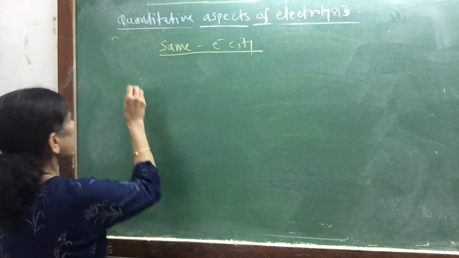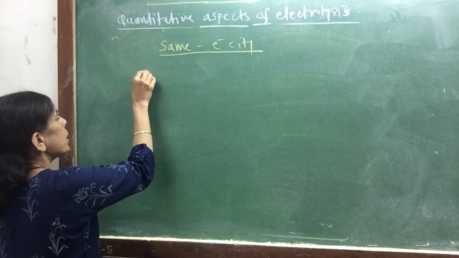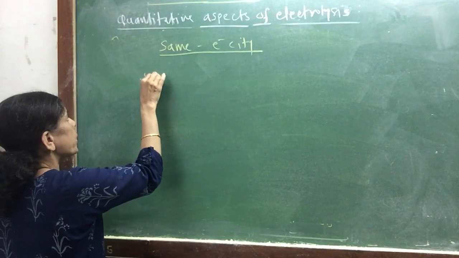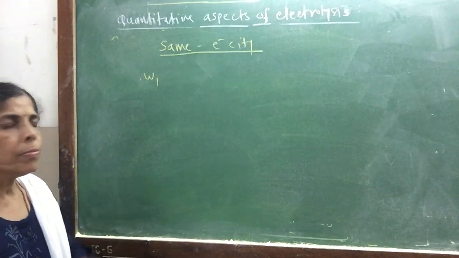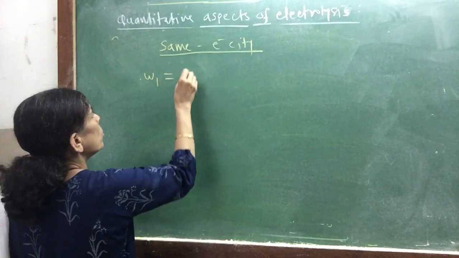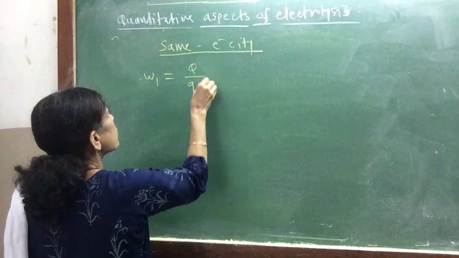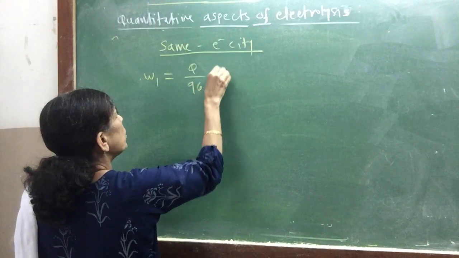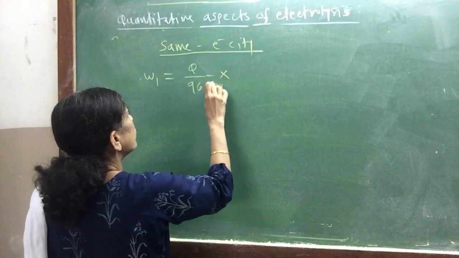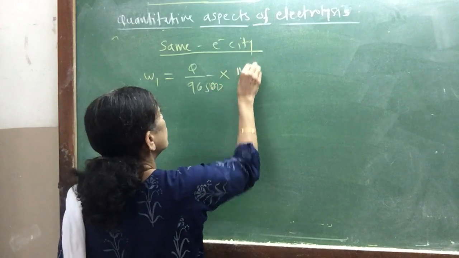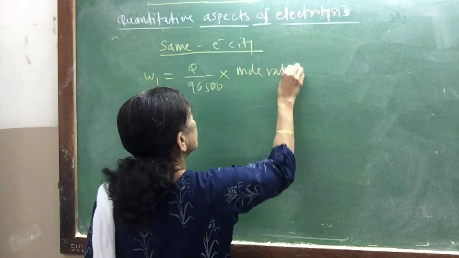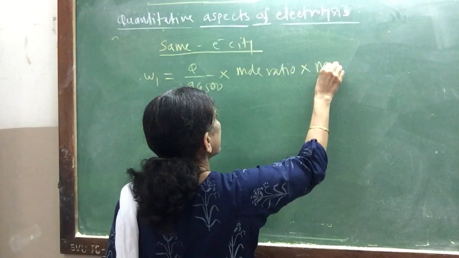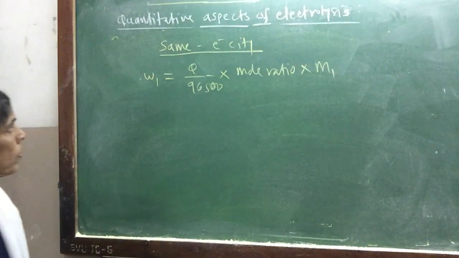Suppose we have a first cell. In the first cell, the quantity of the substance deposited, W1, as we just saw, is equal to Q upon 96500 into the mole ratio into the molar mass of that particular substance.